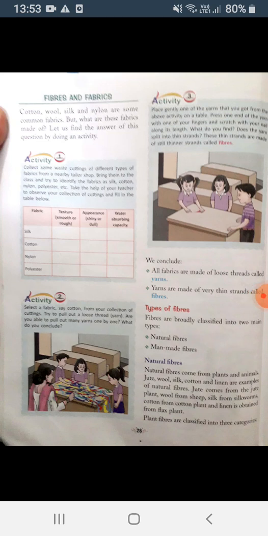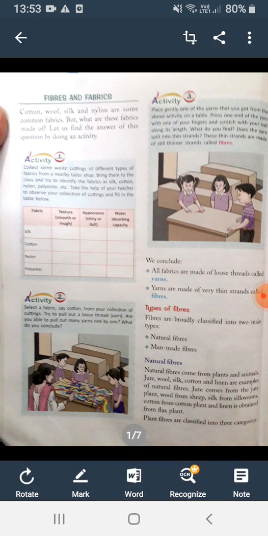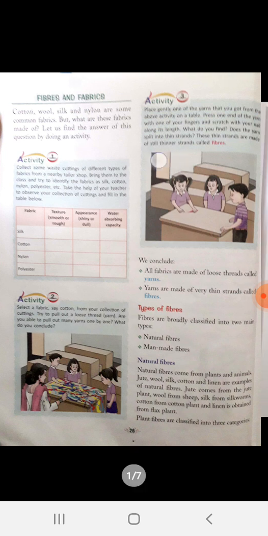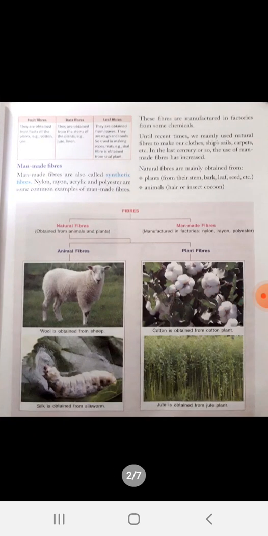In the previous class, we started chapter number 3, fiber and fabric. As I told you, fabric is a cloth material and fiber is the source from which we are getting the fabric. Also, we discussed types of fibers, natural fibers and man-made fibers.